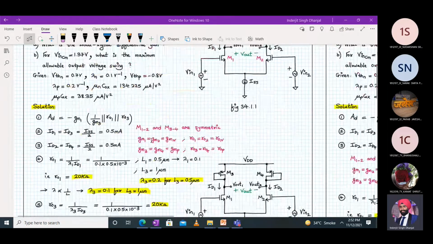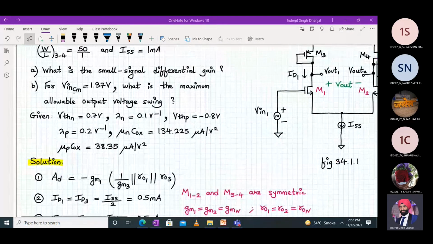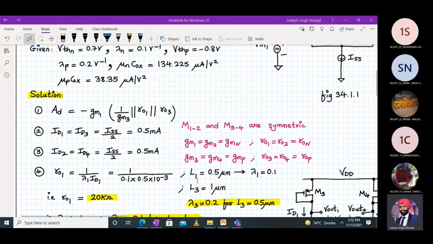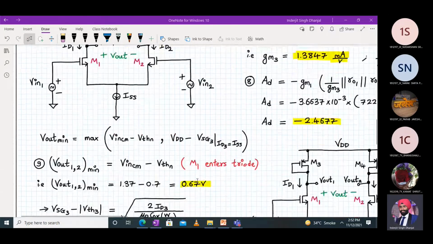Next, what we need to find out is, they have given the input common mode level as 1.37, and we have to find out the maximum allowable output voltage swing. So we have to find out V out minimum and V out maximum, and then twice of V out max minus V out minimum, similar to what we have done last time.